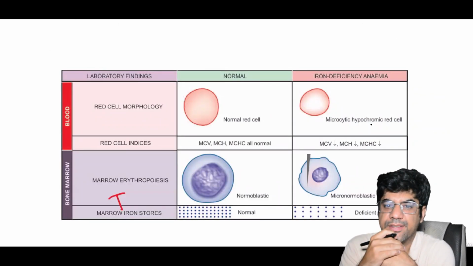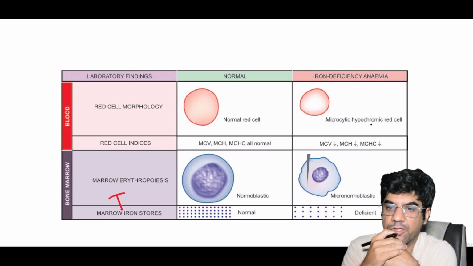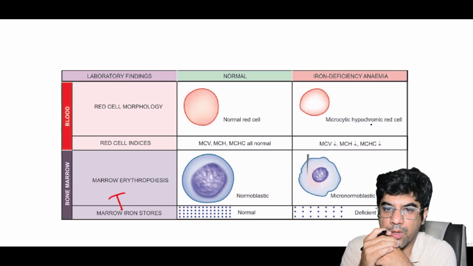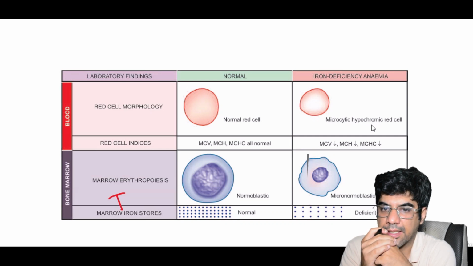Now the laboratory findings. First of all, the hemoglobin: the anemia can vary from mild to moderate. Hemoglobin occasionally might be less than 6 gram per deciliter, that could lead to severe blood loss.